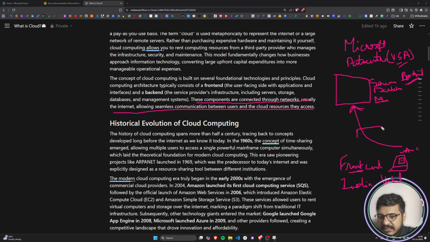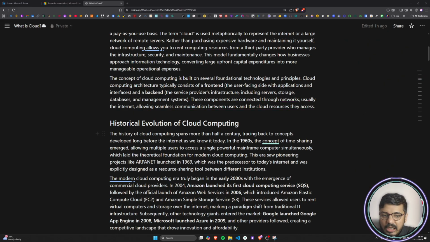As I told you previously, in the middle I will obviously require an internet connection, using which I will send the request to this data center: you need to spin up this, you need to maybe bring down this, you can attach a new service, and whatnot.